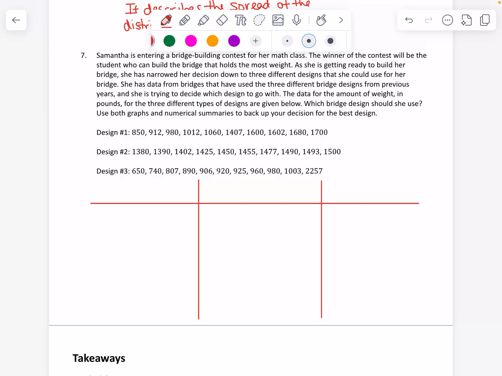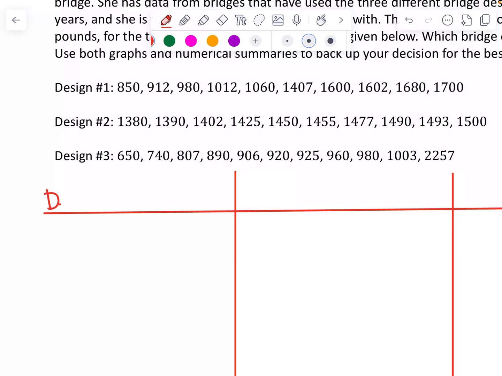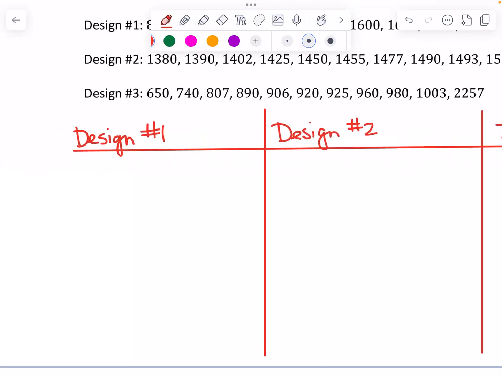What we want from Desmos is the mean, the average for each of the designs, and we want the standard deviation, and then we'll talk about our findings, right?